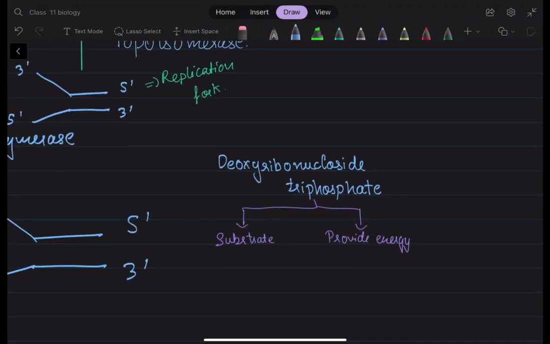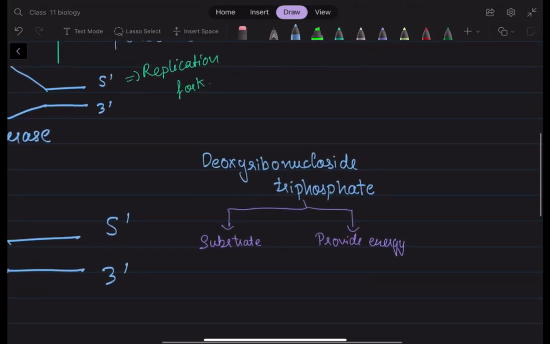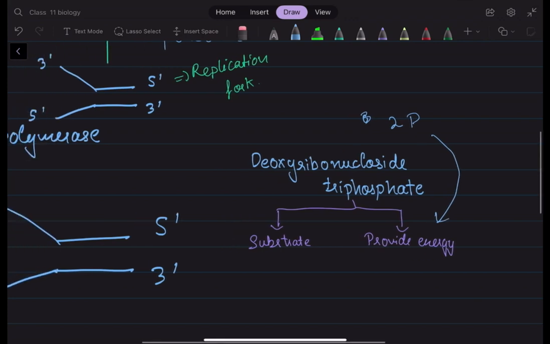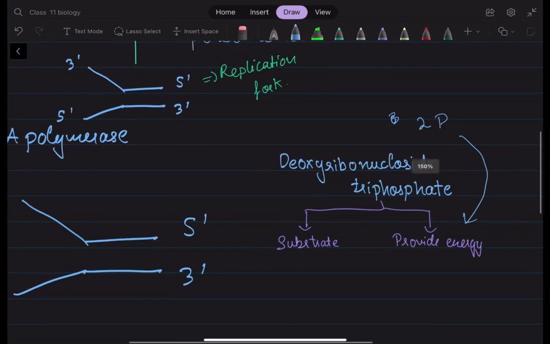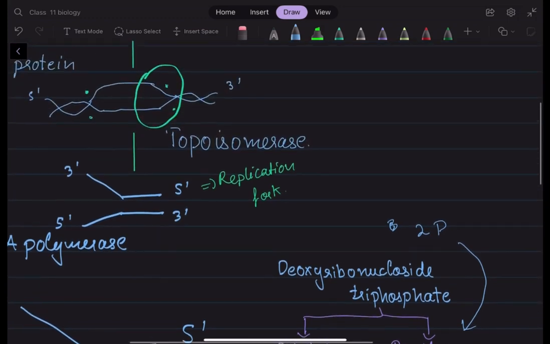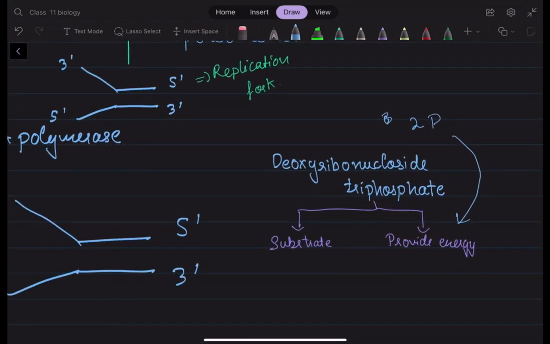So this deoxyribonucleoside triphosphate has 3 phosphate groups, right? So by breaking 2 phosphate groups, a lot of energy is obtained. This energy is used by DNA polymerase to form the nucleic acid from the deoxyribonucleotide.